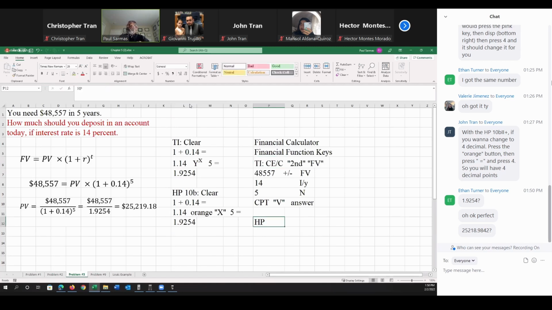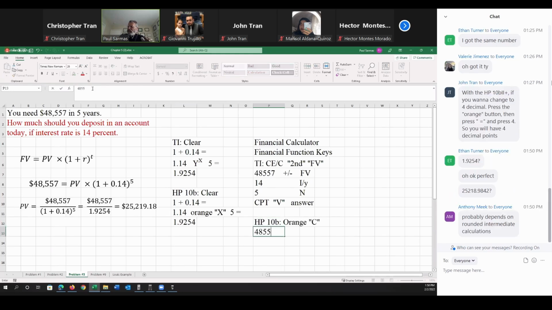For HP 10B, you use orange and C key, and you do 48,557. Change the sign again.